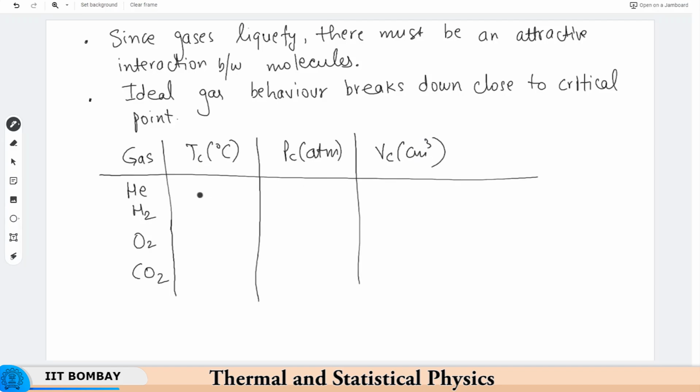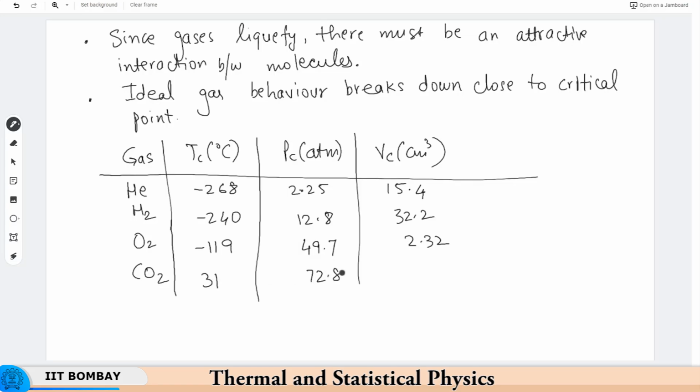So for helium this was minus 268, the pressure was 2.25, and the volume was 15.4. Similarly, minus 240, 12.8, 32.2, minus 119, 49.7, 2.32, 31, 72.8, and 2.17.